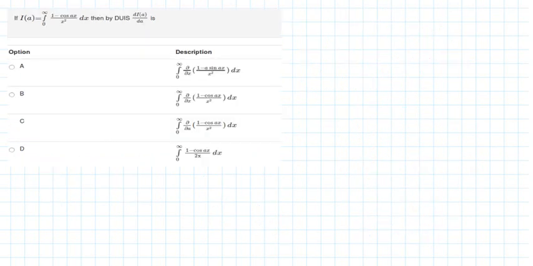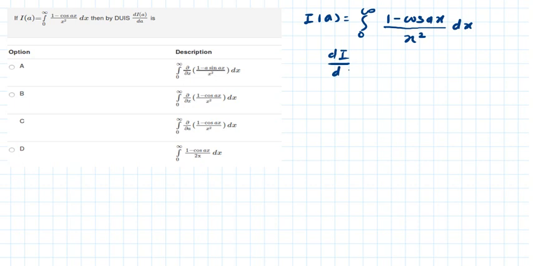Next example, if I of a is given integration 0 to infinity 1 minus cos ax upon x square dx, then to find dI by dA. So this is our question. Again you need to observe the limits of the given integral.